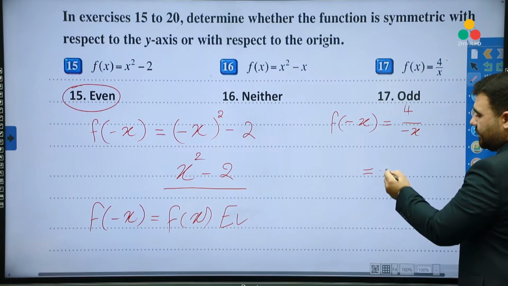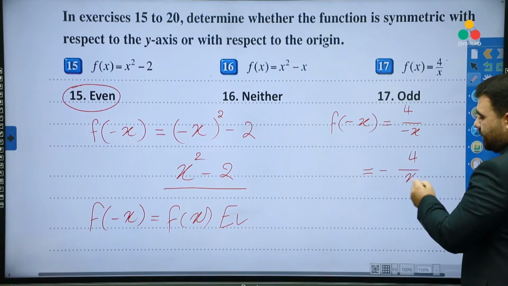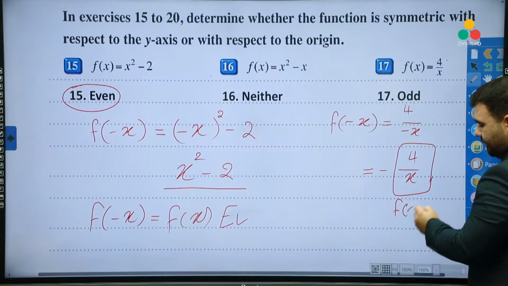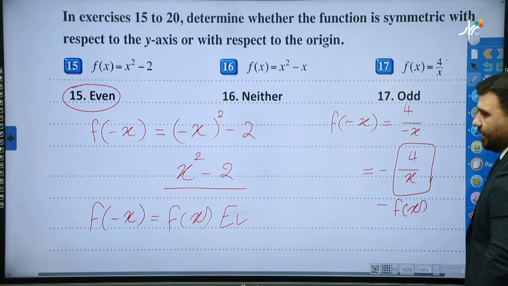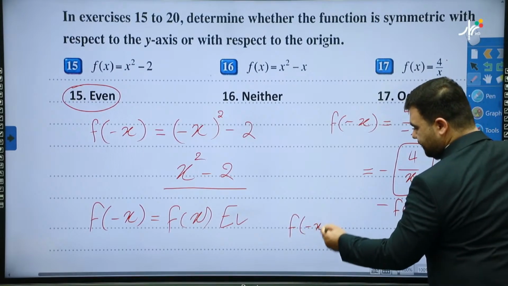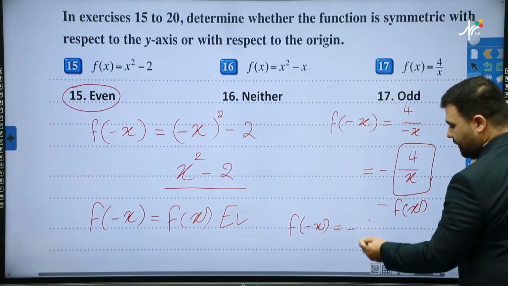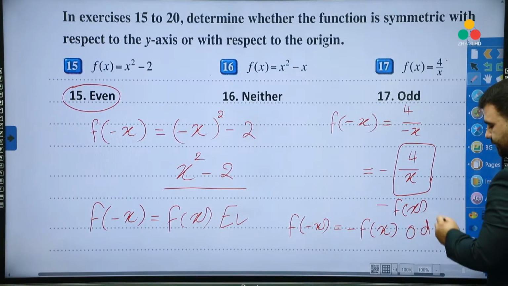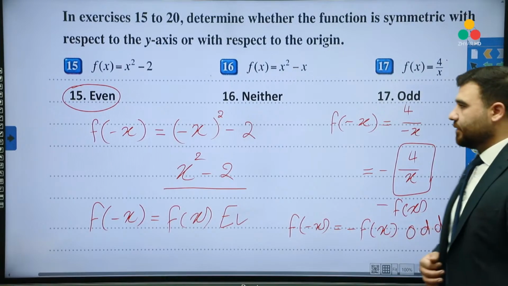The negative remains, negative 4 over x. Now if we compare, this part looks like fx, and there is an extra negative outside. This means f of negative x is equal to negative fx. This means odd. This is the definition of odd.